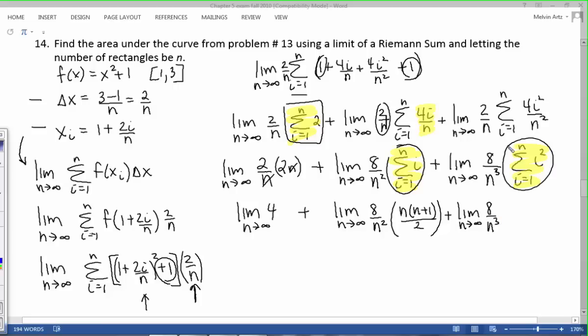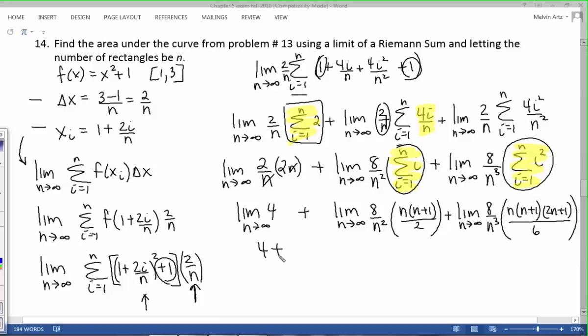And this one we can replace with n times n plus 1 times 2n plus 1 all over 6. Now the limit of 4 as n goes to infinity is 4.